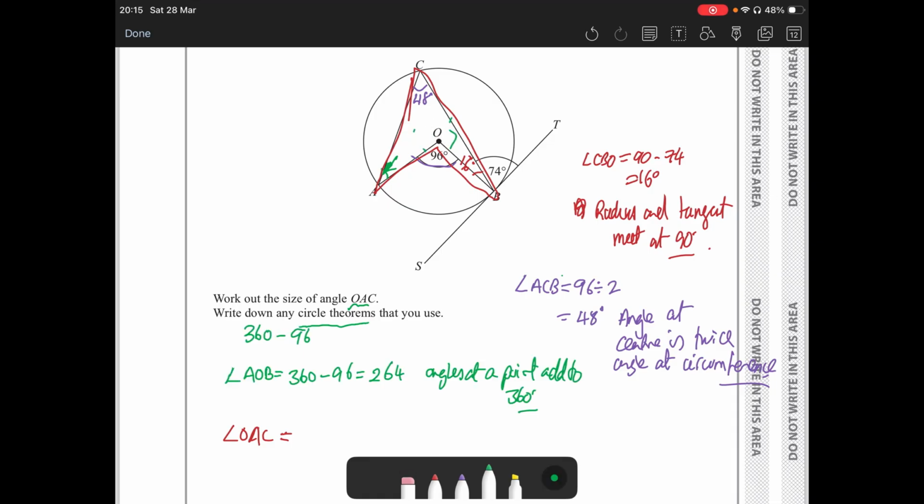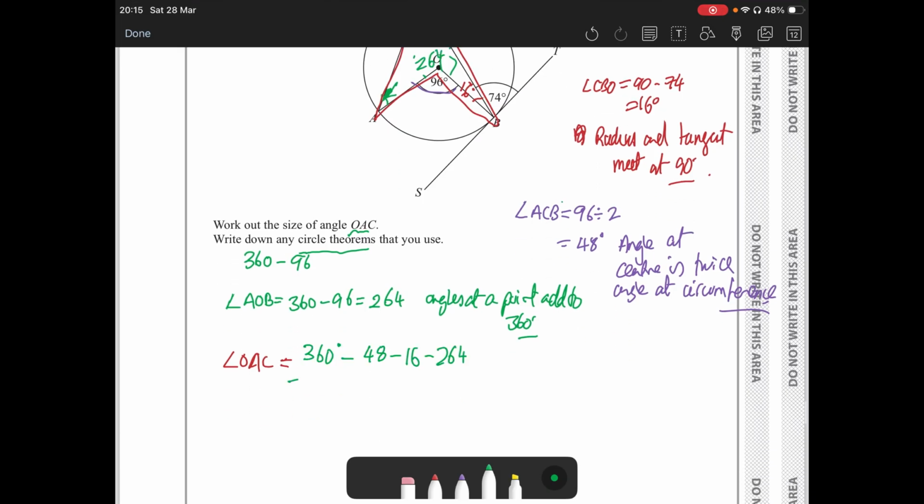It should actually be 264, right? So it's going to be 360, the whole angles in a quadrilateral, take away your 48, take away your 16, take away your 264. And I'll write the reason in a mo. And I'm getting 32 degrees.